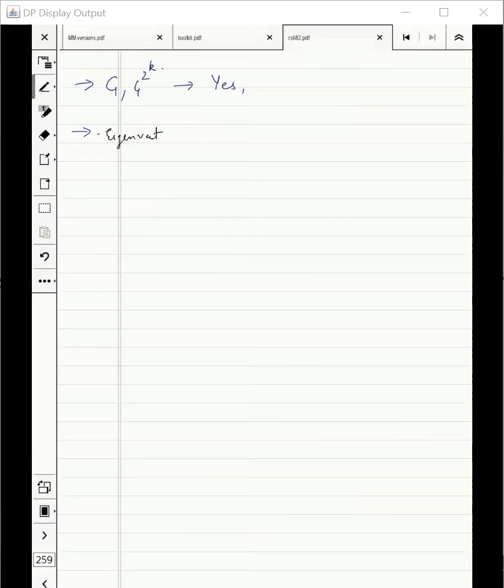It's a small exercise. You can check that e to the plus minus i 2 theta has the eigenvector 1 by root 2 of u plus minus i m. These are the eigenvectors.